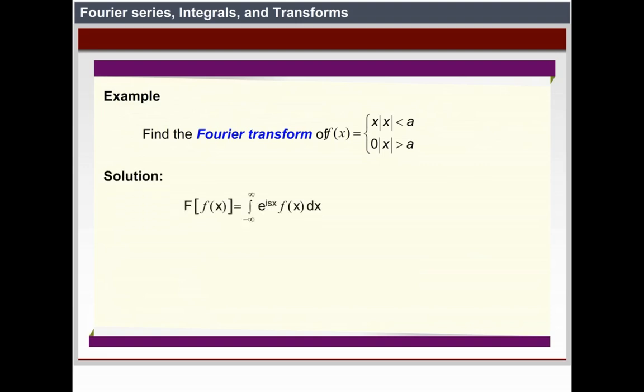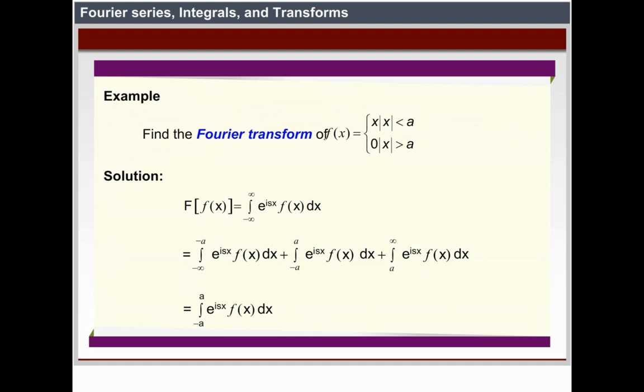Solution. F of f of x equals integral minus infinity to plus infinity e power isx into f of x dx, which equals integral minus infinity to minus a plus integral minus a to a plus integral a to infinity of e power isx f of x dx.